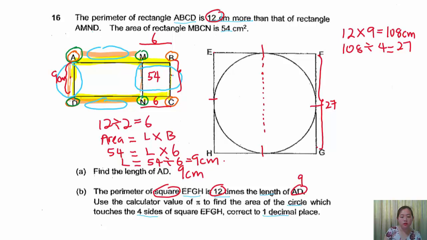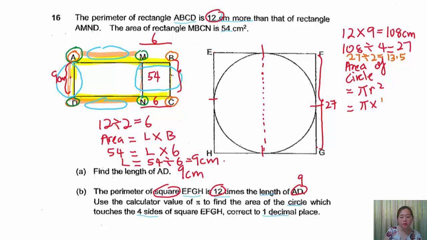And to find the area of a circle, the formula is actually pi r squared, which is equal to pi multiplied by r. So don't take 27. You have to find the radius, which is actually 27 divided by 2, which is equal to 13.5.